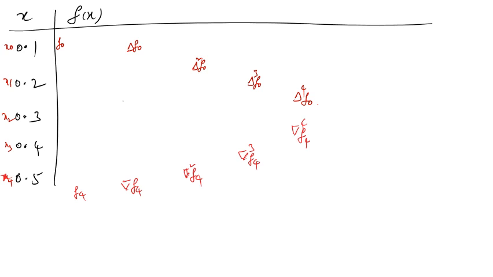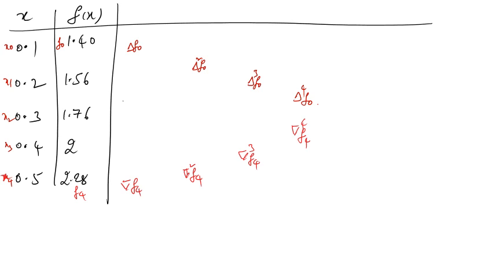This is x and this is f of x. x values are 0.1, 0.2, 0.3, 0.4, 0.5, and f of x values 1.40, 1.56, 1.76, 2 and 2.28.